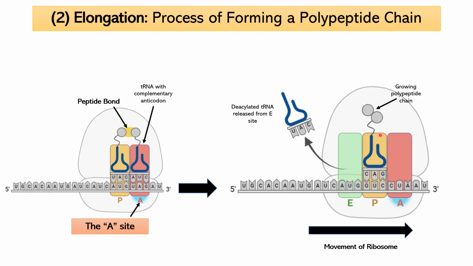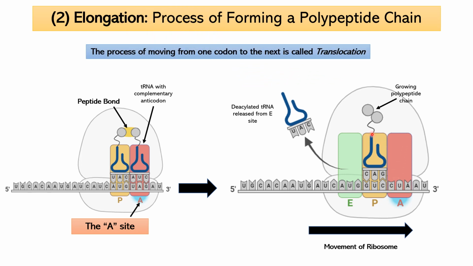Now we have a growing polypeptide chain on this tRNA, and also the A site is free for a new tRNA with an anticodon complementary to this sequence to bind here. This movement of the ribosome, one codon downstream of the start codon, is called translocation.